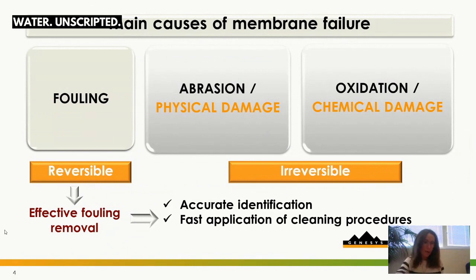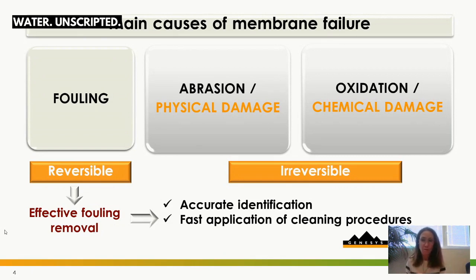Damage can have 2 different sources, physical or chemical damage. So the autopsies will give the clue. It is the only tool to distinguish if we are having a bad salt rejection, whether it's due to a physical or mechanical damage, or to a chemical damage related to oxidation, incompatible chemicals, etc.